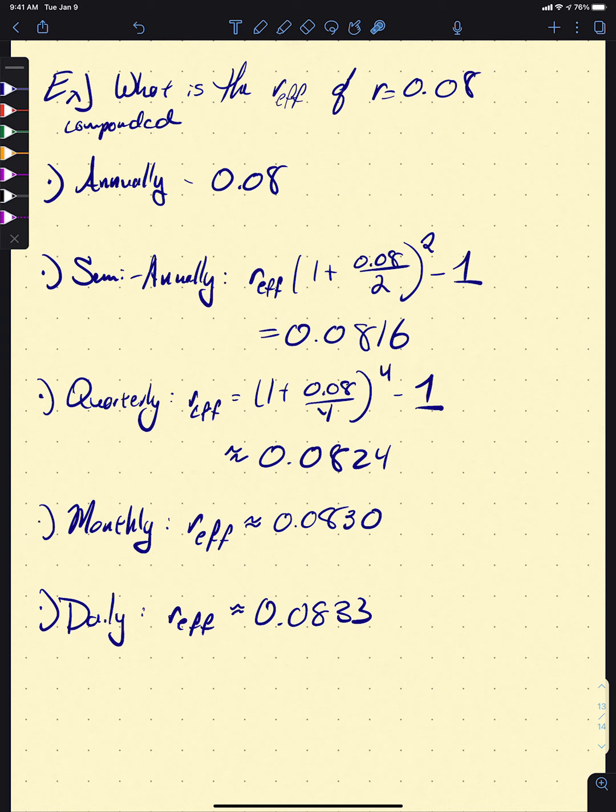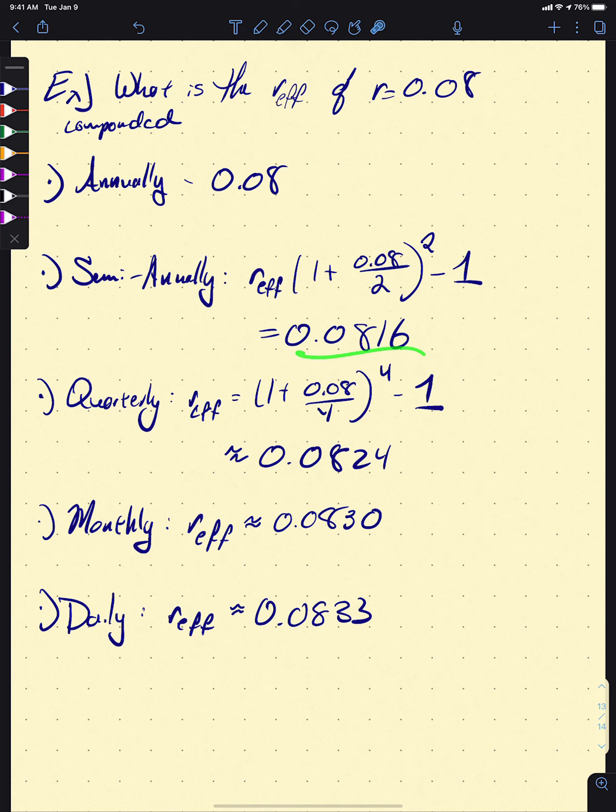So you get 0.33% extra by compounding daily over compounding annually, which is pretty nice, but it starts to ask a similar question.